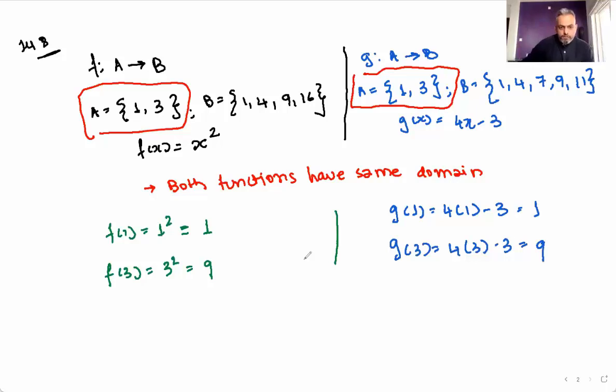So over here we can see that for domain A, codomain has 1 and 9. Same over here for function g. For domain 1 and 3, codomain are 1 and 9. So that is why we say they are basically equal functions.